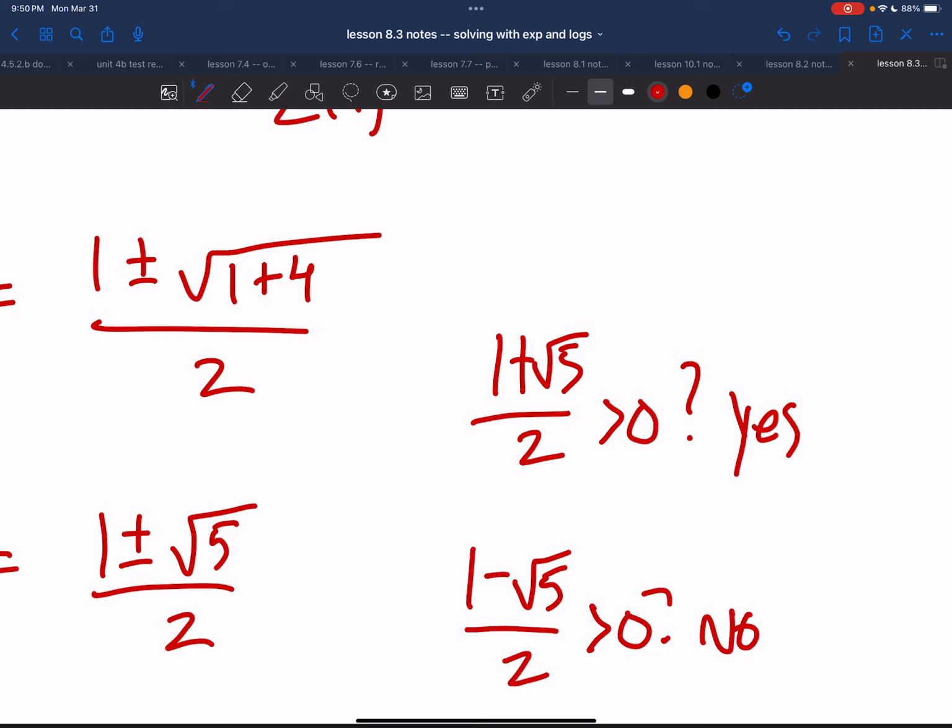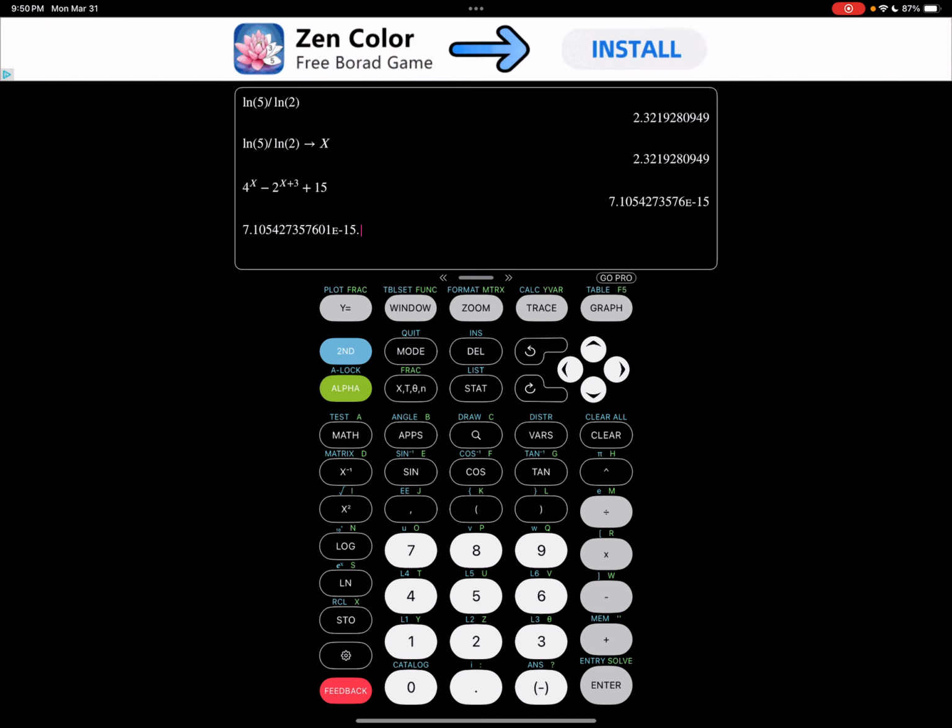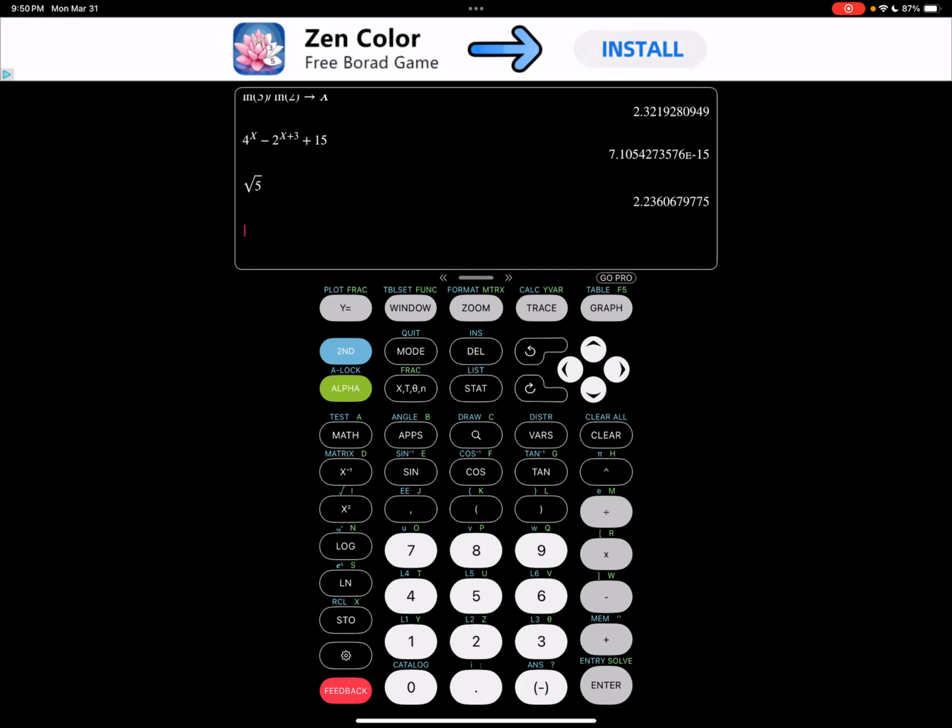No, because square root 4 is 2, and square root 4 is less than square root 5, which means root 5 is more than 2, which is more than 1. And so 1 minus root 5 is negative. And if you don't believe me, which you should because I'm your math teacher, square root 5 is 2.23.